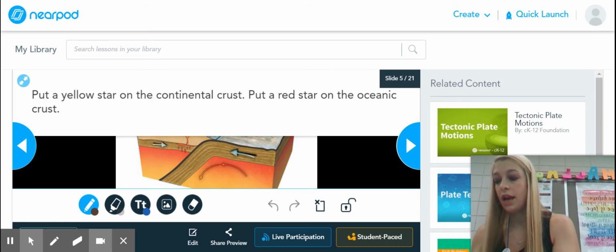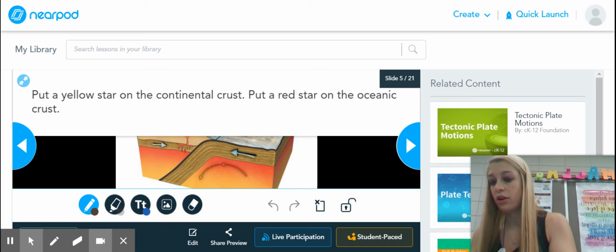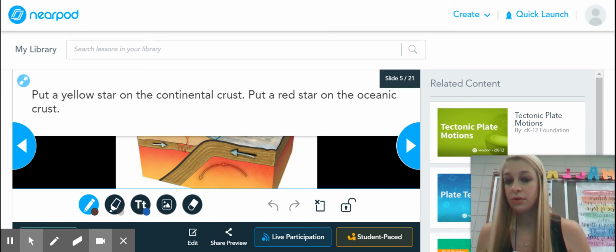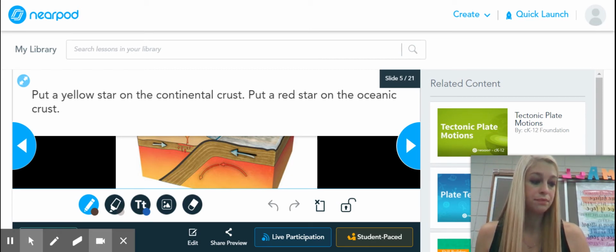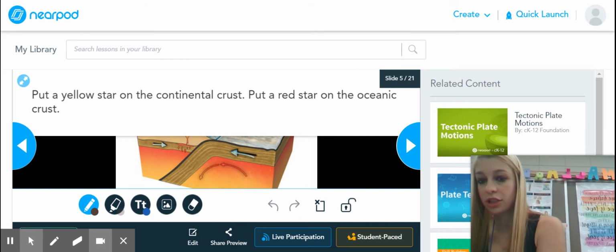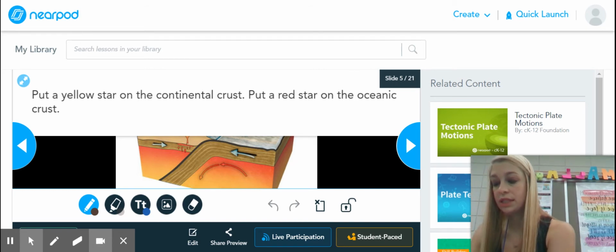All right, today, we are only going to talk about this flap, the convergent flap. I just want to explain it in a little more detail than in the Nearpod. If we are looking at the first picture, it says OC.